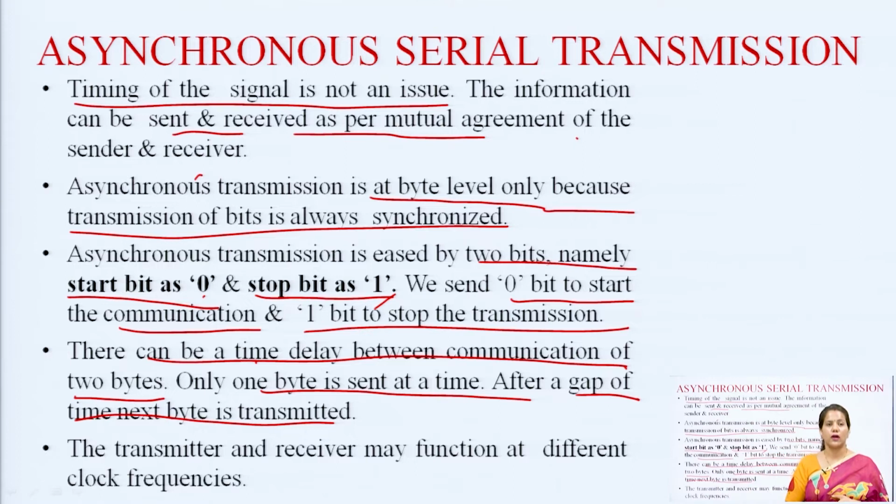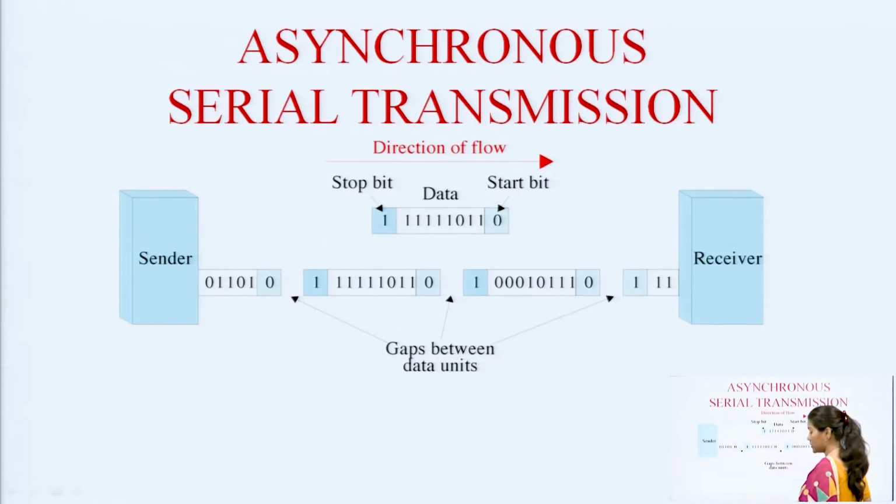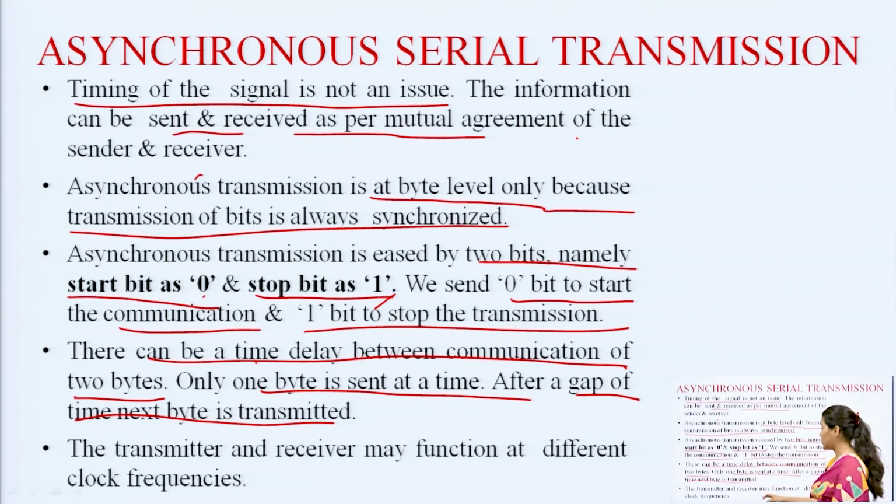Since both the devices do not have a common clock, this problem may occur, and to control it a gap is left between the 2 bytes, in order to compensate for that delay. Now, the transmitter and the receiver may function at different clock frequencies. Obviously, this is one of the important points: in asynchronous data transmission, the clock frequencies of both the terminals, the receiver and the sender, are different.